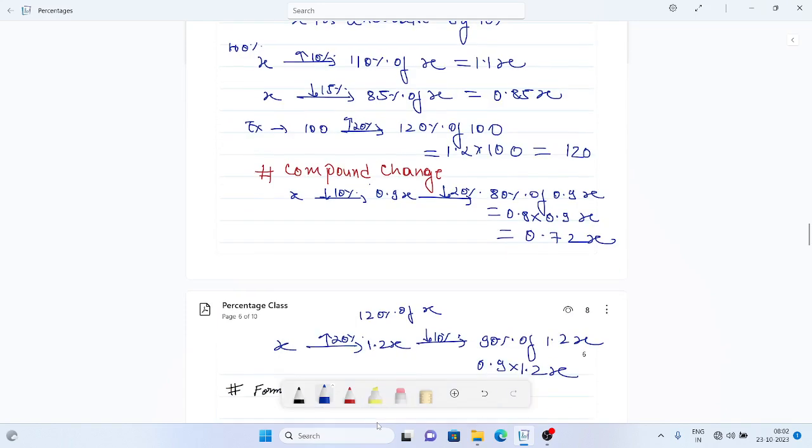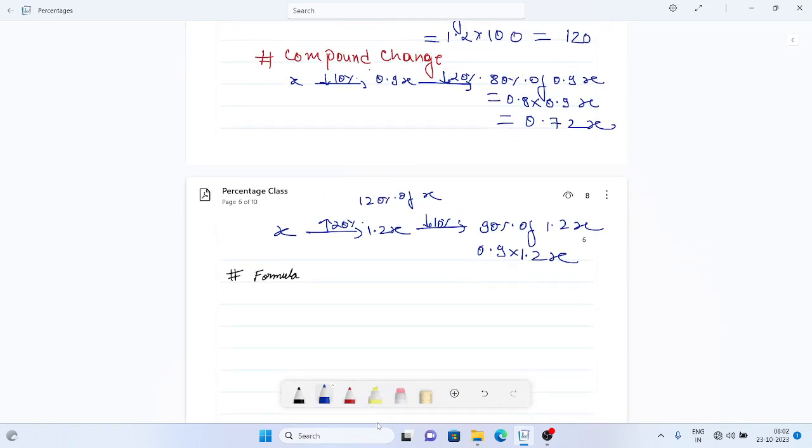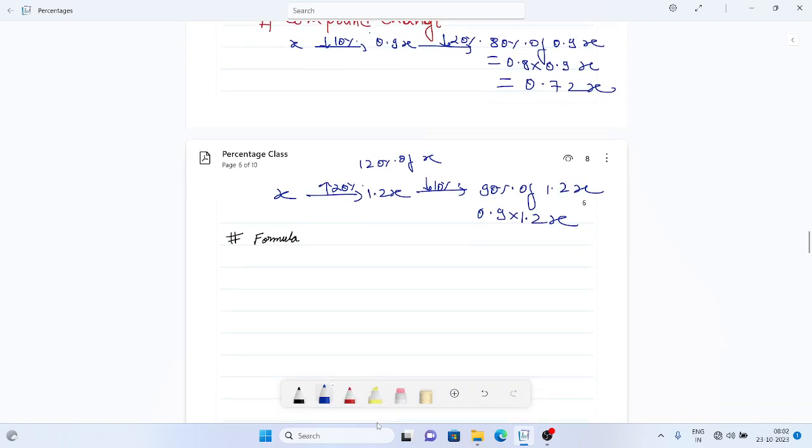Okay. This is the easy way. Or you can use the formula. What is the formula we use? It is simply from this concept. Let's say if x is the initial value and I increase it by a%, the final value becomes x(1 + a/100). Okay, so this is the initial value and this is the final value.